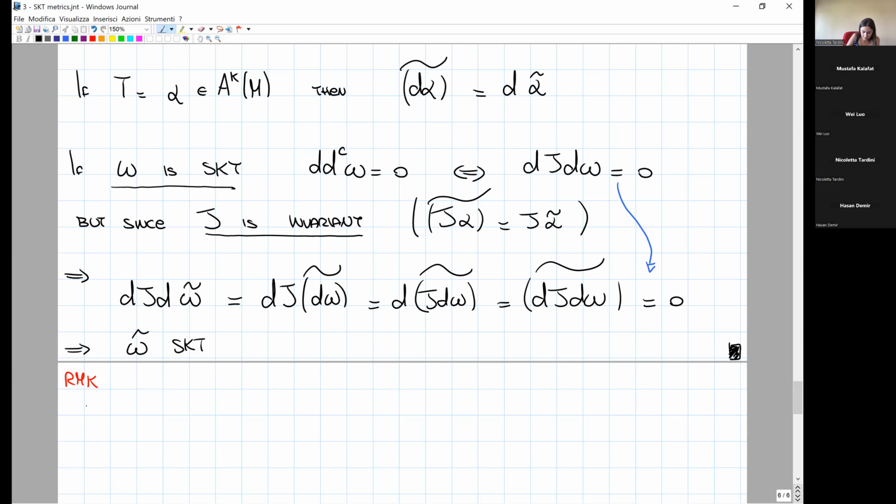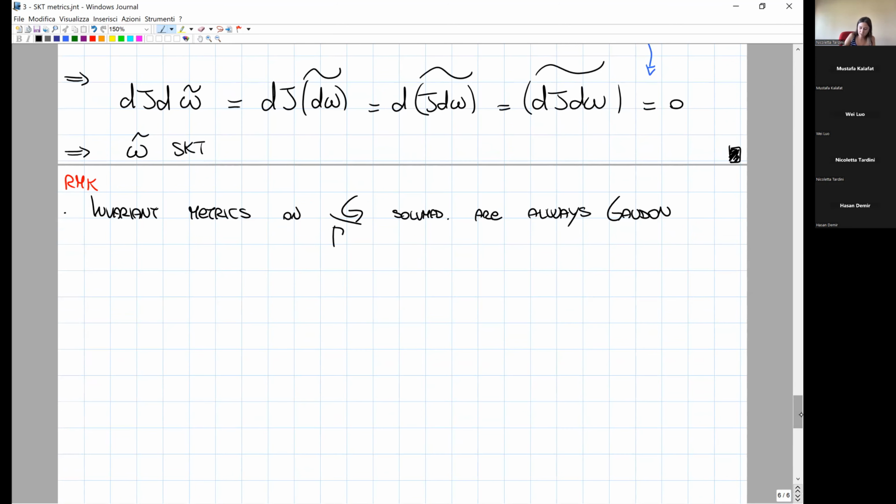that invariant metrics on, let's say, a solvmanifold, on G over gamma solvmanifold, are always Gauduchon. So the first day we mentioned that we have this kind of metrics that satisfy this equation, DDC omega to the n minus 1 equals 0.